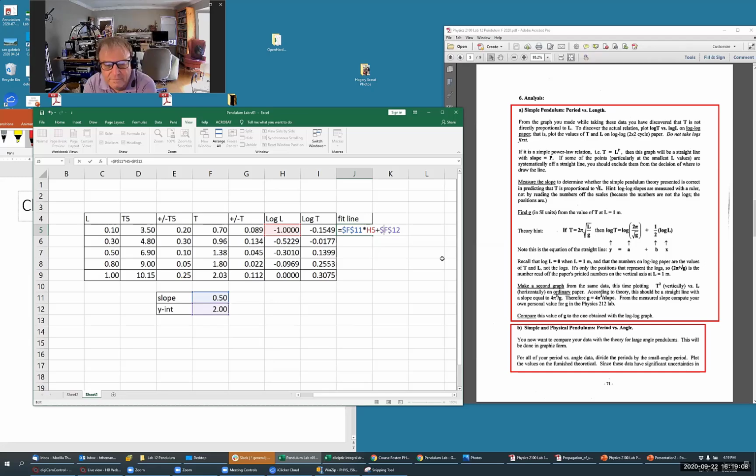So I have equals the slope times the log of L plus the y-intercept. So in principle, what this fit line should represent are the various values of log of t.